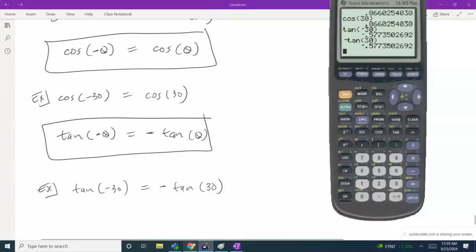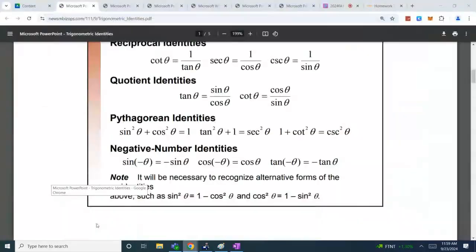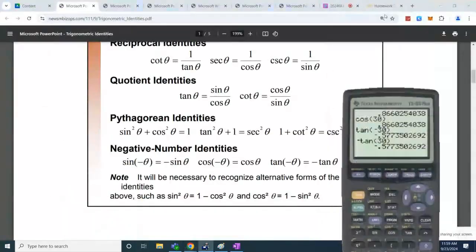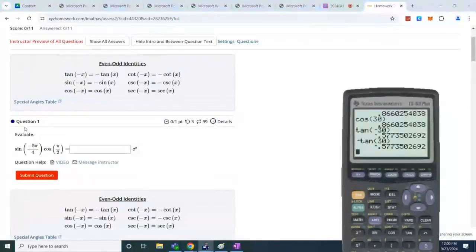And then there are some problems that use these facts. Now, the very first problem in module 3.1 just wants you to evaluate this.